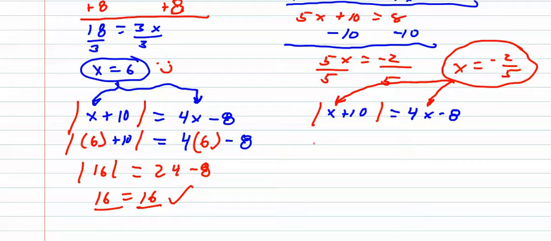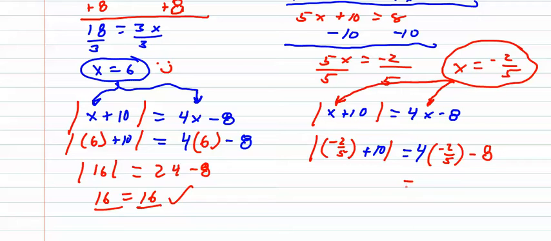Now I come over here. Plug in negative 2/5. Absolute value of negative 2/5 plus 10 is equal to 4 times negative 2/5 minus 8. And now I'm going to operate on the right hand side first. 4 times negative 2 is negative 8/5 minus 8.